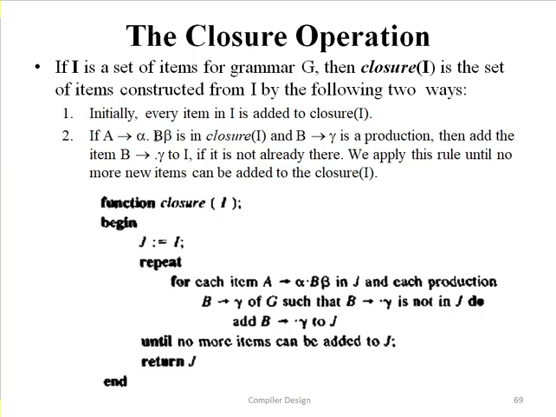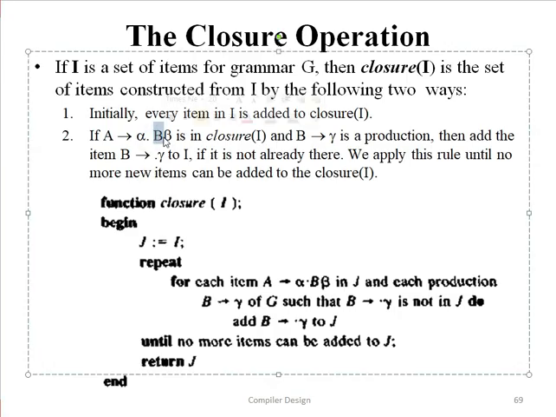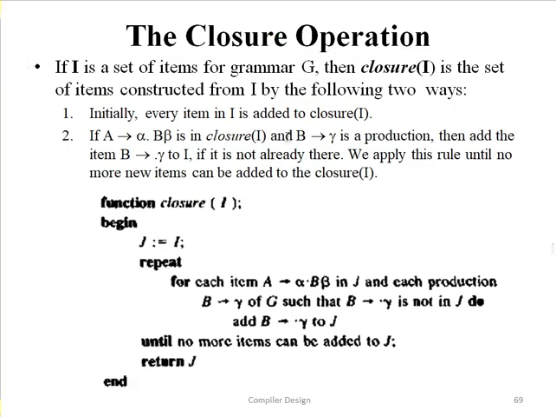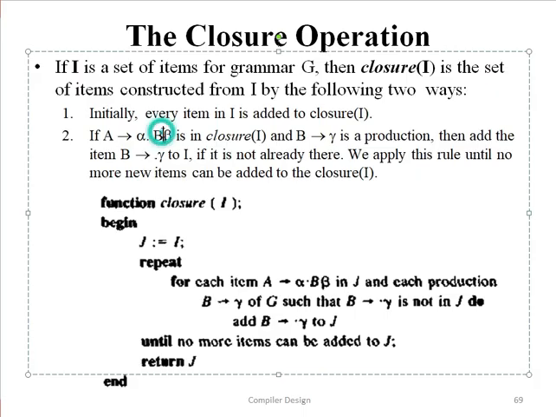So after the dot operator, if we observe a non-terminal like B, we should consider all the B production rules to be inserted into the closure of I. And here what we have to keep in mind is that every time we are adding the production rules of the non-terminal that appeared after the dot operator, we should start placing the dot operator from the left end again.